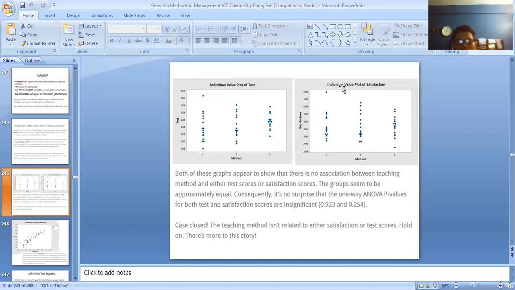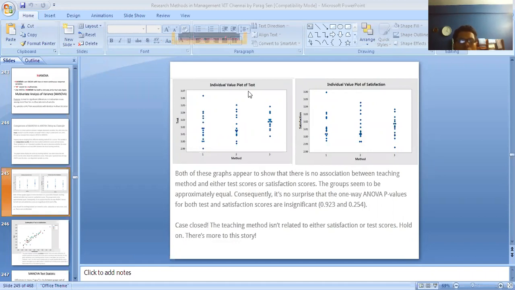What you can see here, with the different teaching methods, if you just have a look at a glance, what can you conclude from this graph? Can you conclude that a particular teaching method is providing higher test scores?